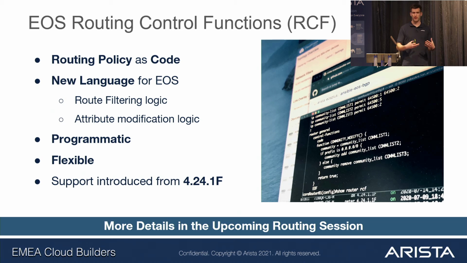This makes it very easy to program quite complex route policies in a programming-like language. Mike is going to be explaining this in much more detail later on, but it has the ability to provide filtering logic, modification logic, and like I said, it's programmable and flexible as well. This was initially introduced in 4.24.1, but we've been incrementally updating that in the most recent versions of code as well.